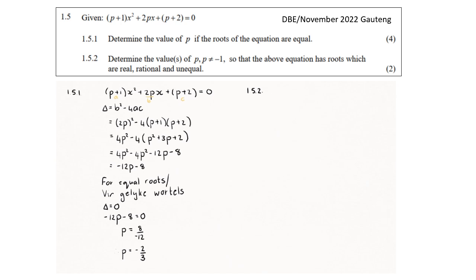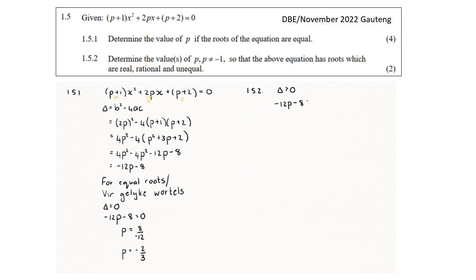For roots which are real, rational, and unequal, the discriminant has to be strictly greater than 0. So that means the discriminant that we've already determined, negative 12p minus 8, has to be greater than 0.